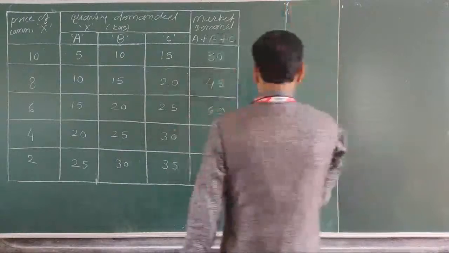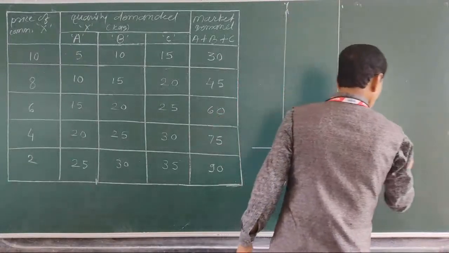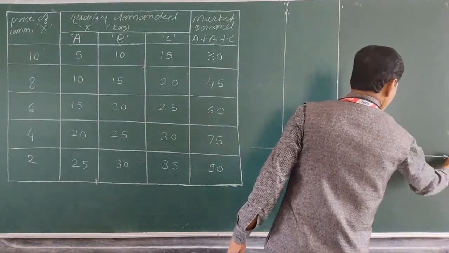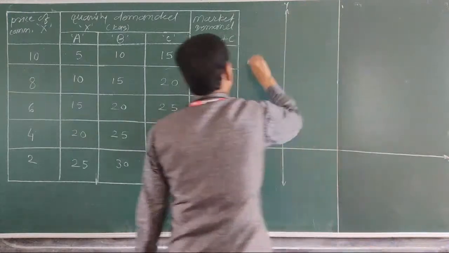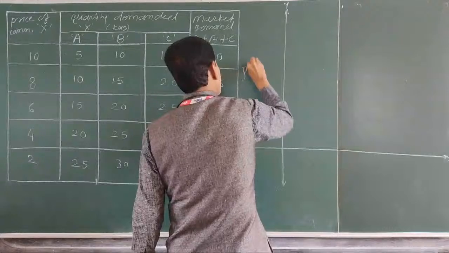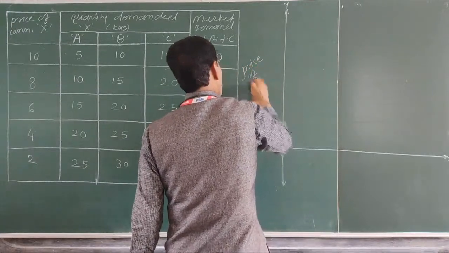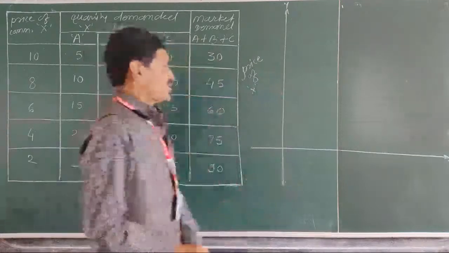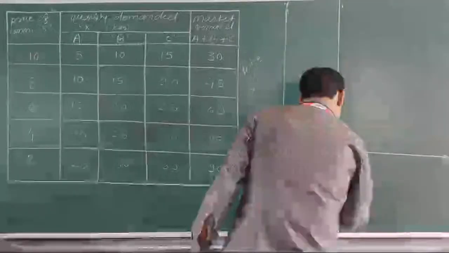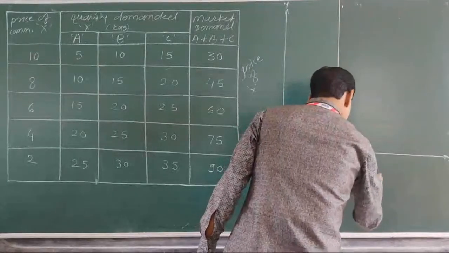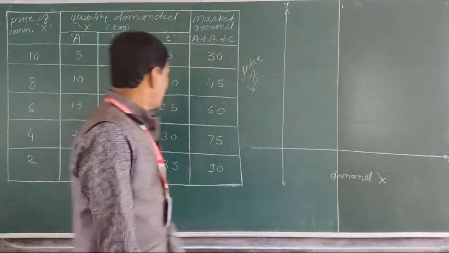Y, X. Okay. Y axis indicates price of commodity X. X axis indicates demand of commodity X. Okay.